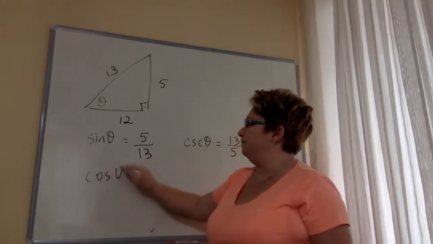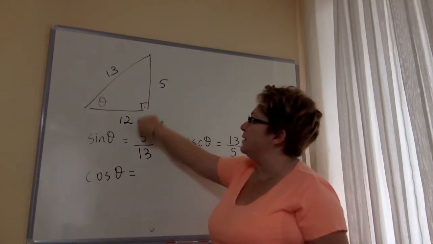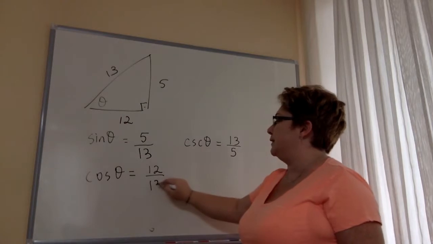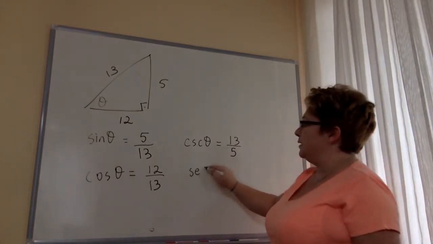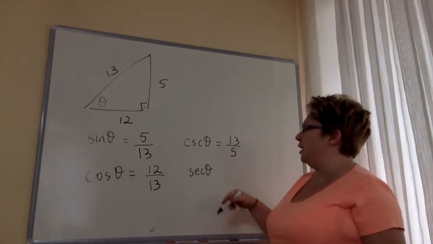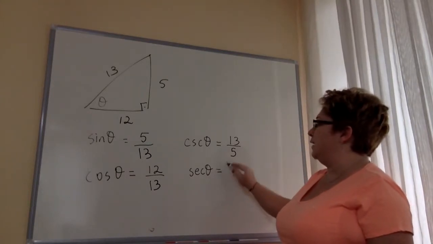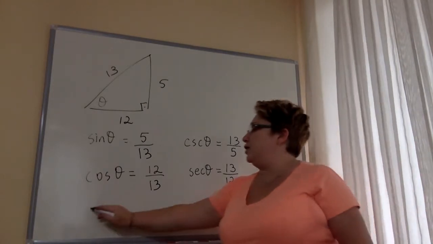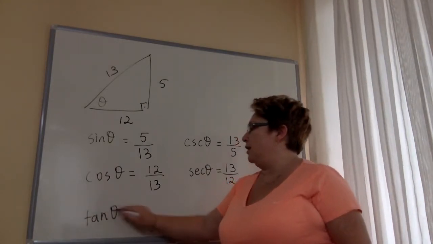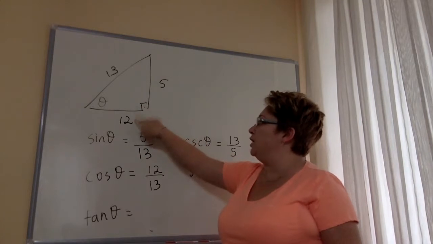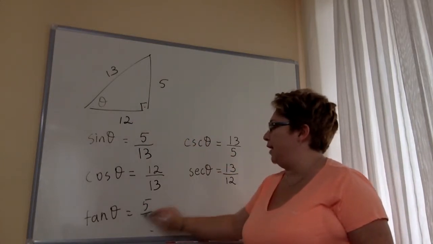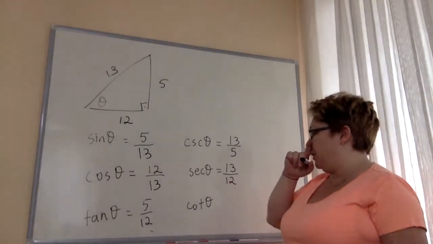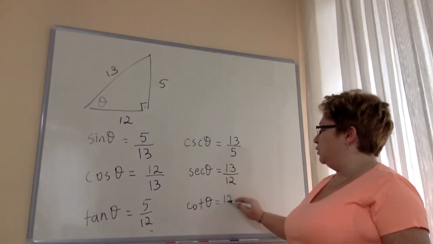Cosine theta was adjacent over hypotenuse, so it'd be 12/13 in this case. Secant was the reciprocal of cosine, so secant theta would be 13/12. Tangent theta was opposite over adjacent, so that'd be 5/12. Therefore, cotangent, which is the reciprocal of tangent, would be 12/5.